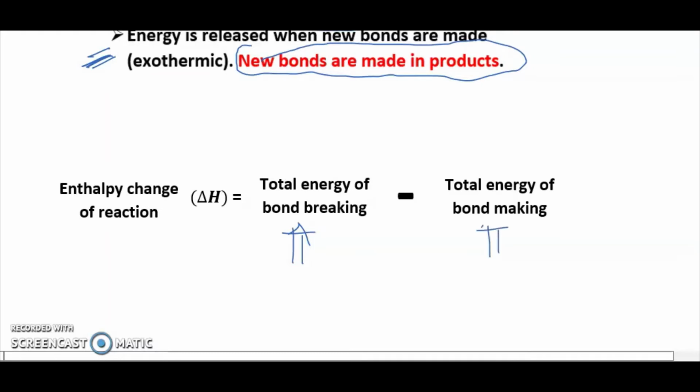And remember, bonds are always made in products. So total energy for bond breaking, and remember this occurs in reactants, minus the total energy for bond making, and this occurs in products. So it is very important to remember this formula because it's going to help us a lot. Now that we know about this, let us take a look at an example.